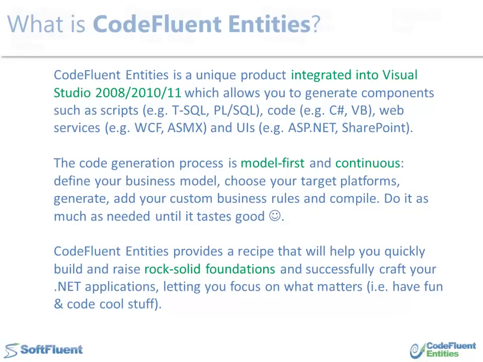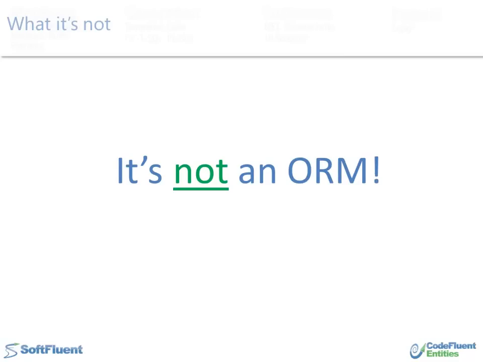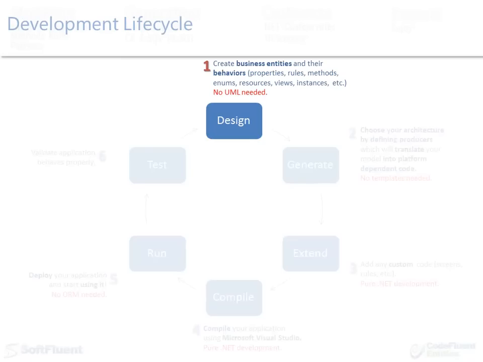We'll see how it works in a demo a little later, just a couple more slides explaining the global process of developing an application and what's CodeFluent Entities. And the first very important point is that CodeFluent Entities is not an ORM, and you'll see that in the demo right after. So, unlike when you're working with ORMs and when you're just doing a mapping between your objects and what's in database, CodeFluent Entities is really a model-first tool.